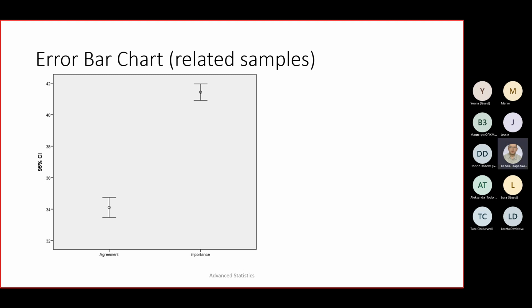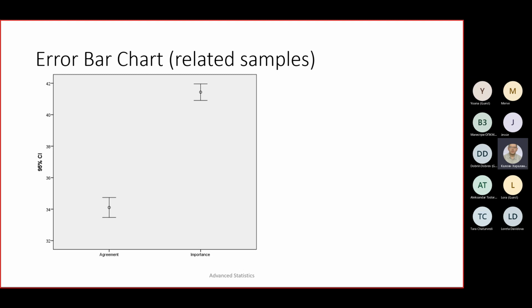So we tested 3 hypotheses until now. First, hypothesis about equality of means when the samples are independent. Second, test of hypothesis for equality of variances when the samples are also independent.